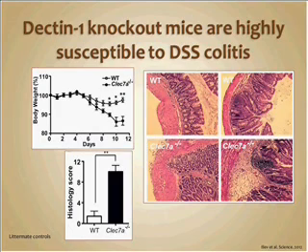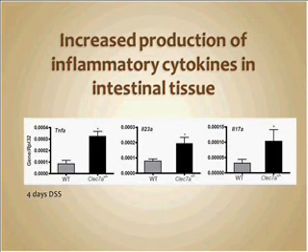All right. Another way of looking at this is just looking for inflammatory cytokines in the mucosa of these mice, and TNF, IL-23, IL-17, we see more inflammatory cytokines in the tissue of Dectin-1 deficient animals.